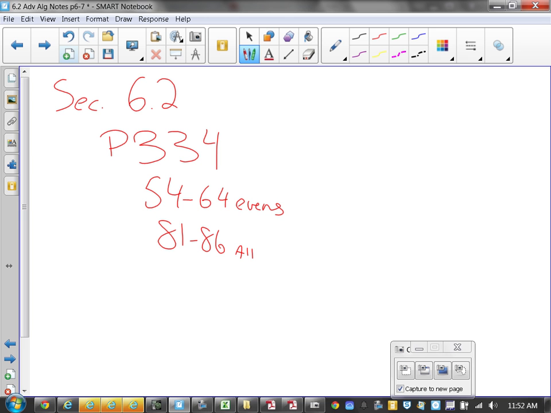54 through 64 is basically asking you what the end behavior looks like. So for these, you're going to get a graph, and I want you to write down as x approaches positive infinity, f of x approaches blank. As x approaches negative infinity, f of x approaches blank.